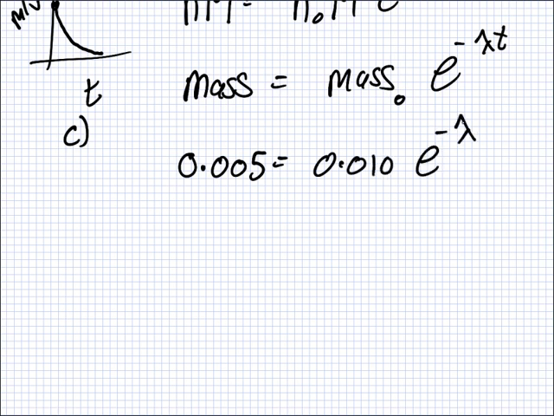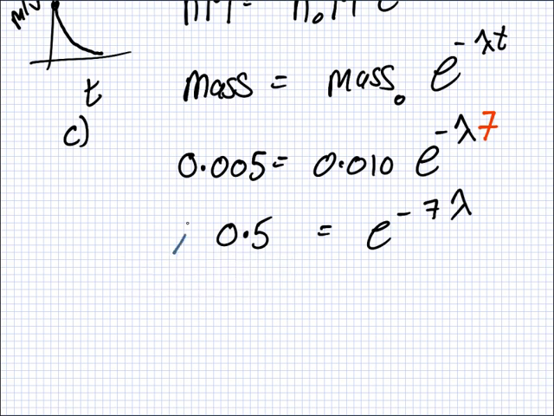Now we should change our time into seconds, okay? But we can keep it as hours as long as we remember all our time is in hours now. That's okay. So I'm going to use 7 hours and let's see what we get for lambda. So if I divide, I get 0.5 equals e minus 7 lambda.